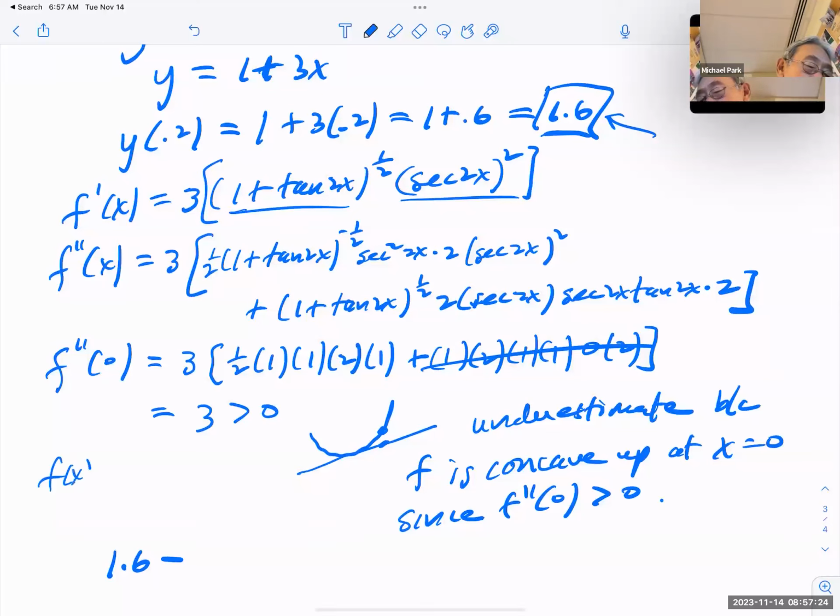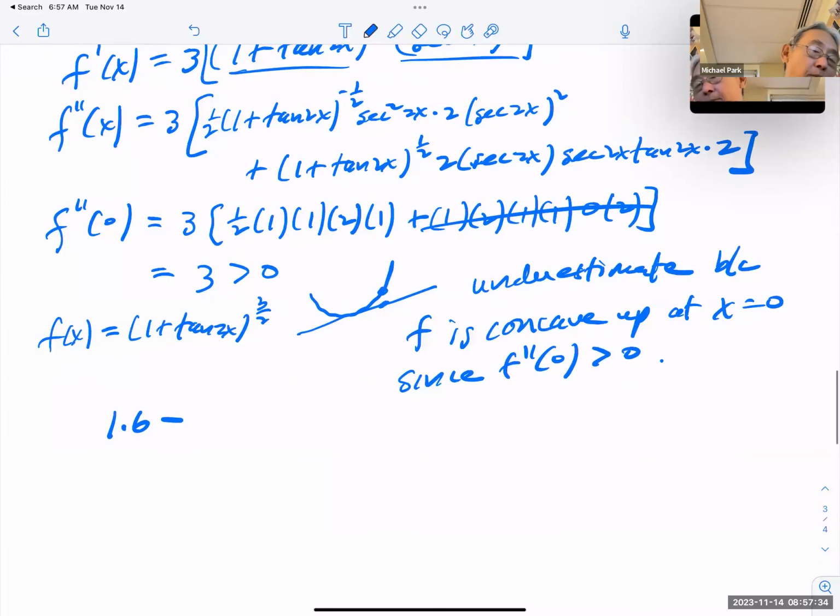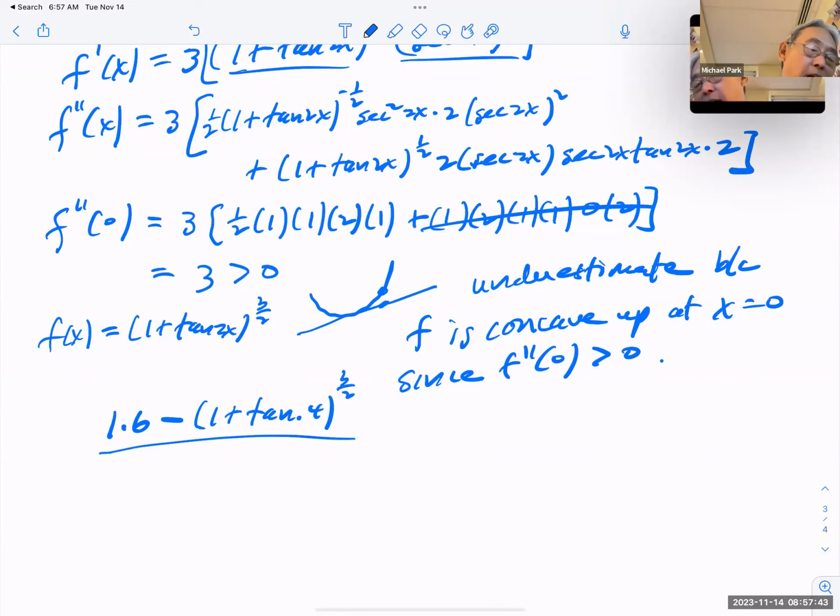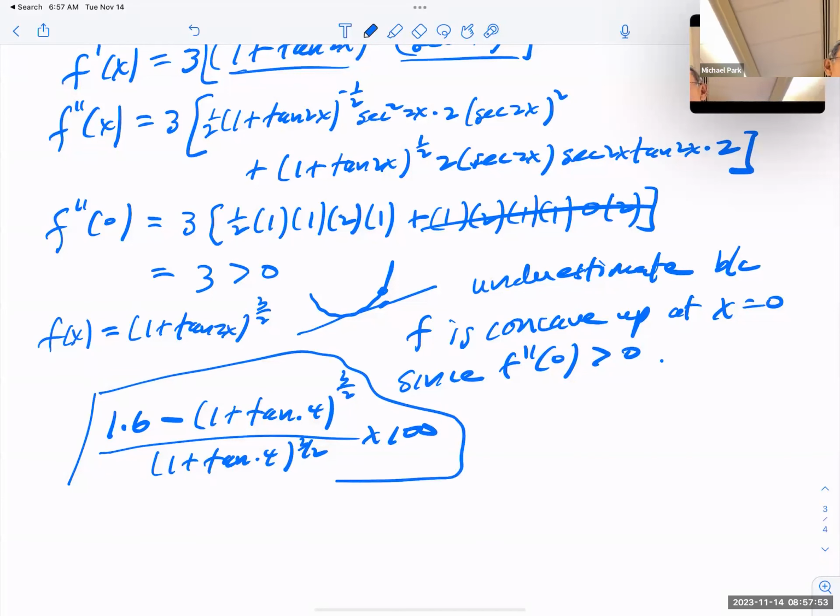F of x is equal to (1 plus tangent 2x) to the 3/2. So if you plug 0.2 into this, you're going to get 1.6 minus (1 plus tangent of 0.4) to the 3/2 power, all over the actual, (1 plus tangent of 0.4) to the 3/2 power, times 100. This is your percent error. And since you don't have a calculator on the test, you're just going to leave your answer like that.